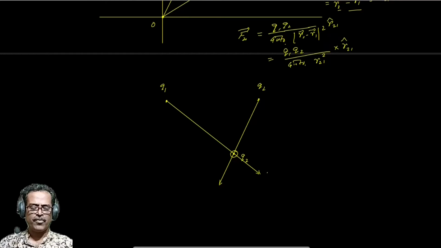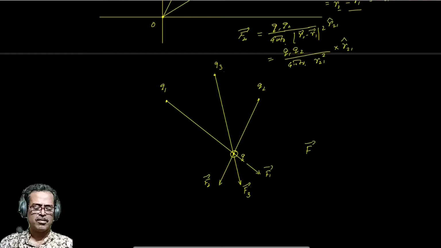Suppose this is F1, this is F2, and if there is any other charge, Q3, and its force is F3, then the resultant force on this is equal to the vector summation of F1, F2, F3 and so on.